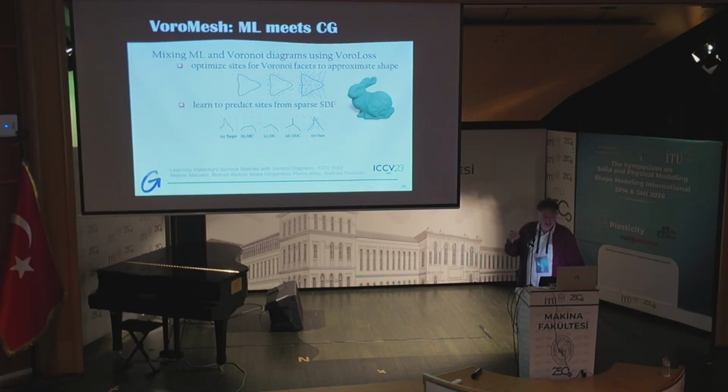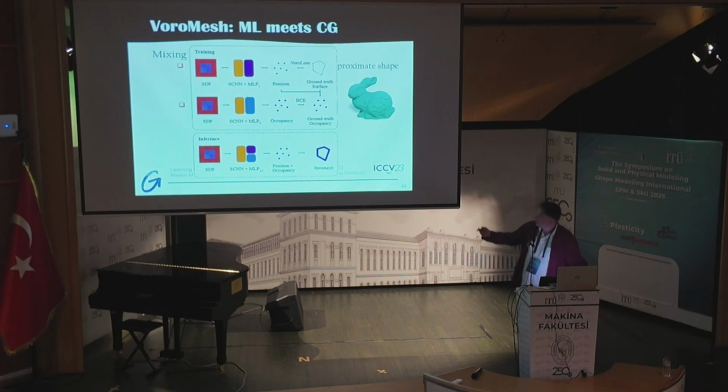You try to learn in one step how to get the Voronoi sites at the right locations. And so that's basically 2 neural networks, one to guess the position of the Voronoi sites, and one that guesses the occupancy, meaning which Voronoi sites are inside, which one are outside. This one is the smallest network because you only have to guess plus or minus, basically.